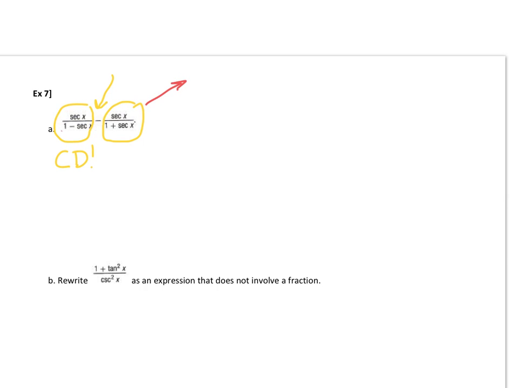I'm going to rewrite this secant of x. And I've got the 1 minus secant of x. And then I'm going to put the minus right there. And then I've got secant of x over 1 plus secant of x.